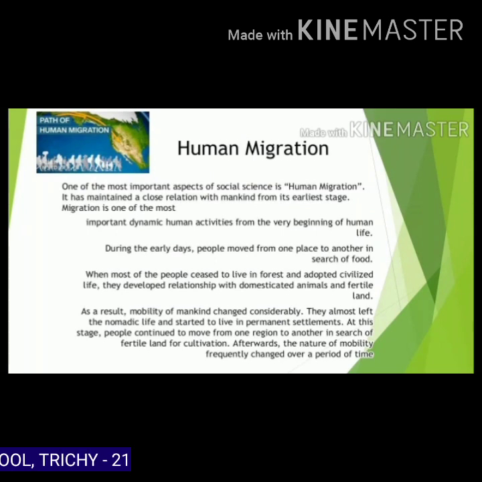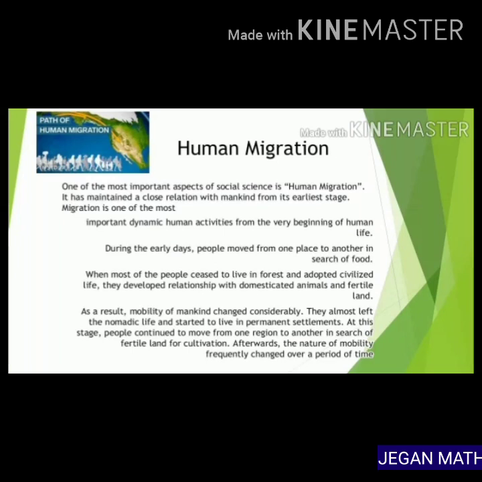Next, we have to learn about human migration. One of the most important aspects of social science is human migration. It has maintained a close relation with mankind from its earliest stage. Migration is one of the most important dynamic human activities from the very beginning of human life. During the early days, people moved from one place to another in search of food.